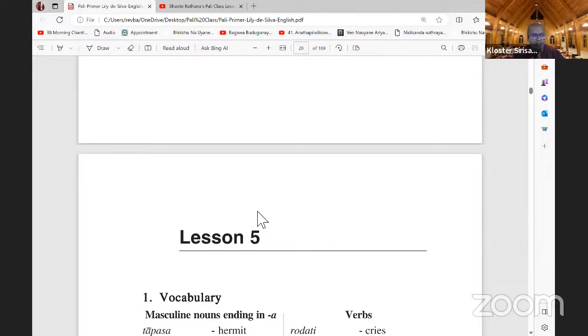Okay, so I am going to chant some blessing stanzas, blessing everyone. May you be well, happy, and peaceful. May no harm come to you. And may you always meet with spiritual success.